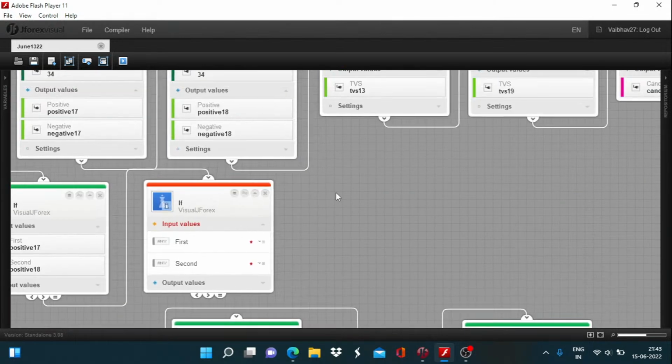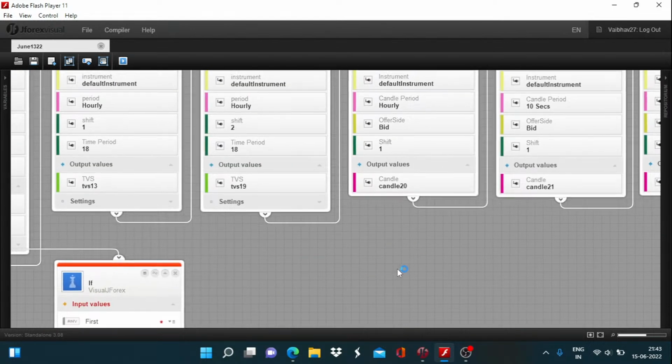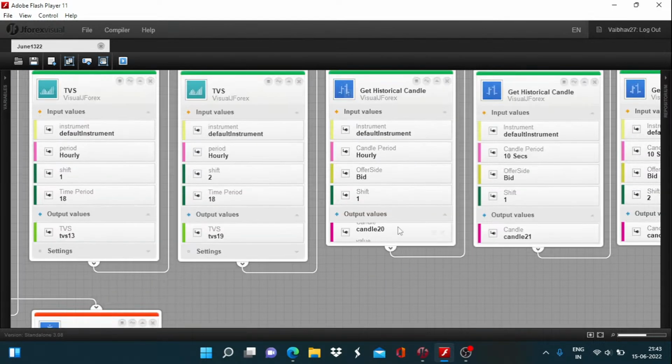Then we need the closing value of last hourly candle to be less than the opening price.